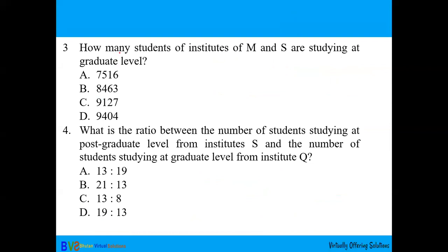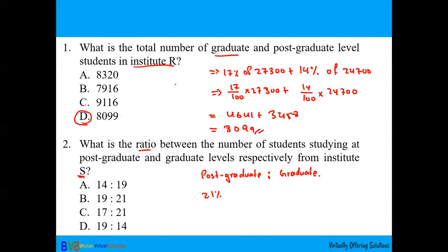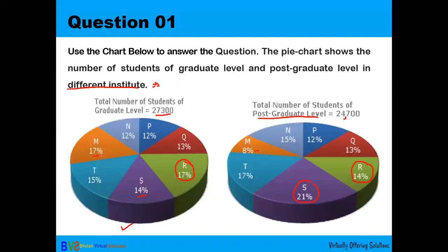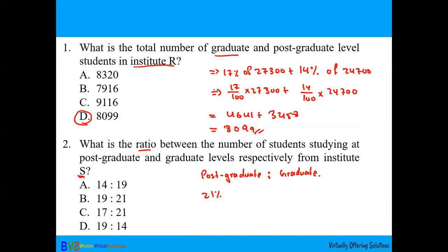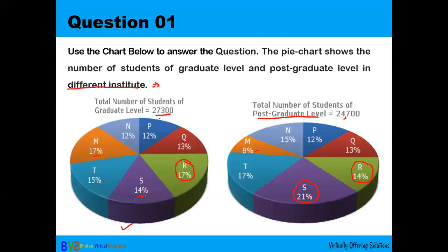Now it is saying how many students of institute M and S are studying at graduate level. Please try to find this answer. Will you be able to solve this? For M it is 17%, for N 12%, right? 17% of total, and the total was 27,300.